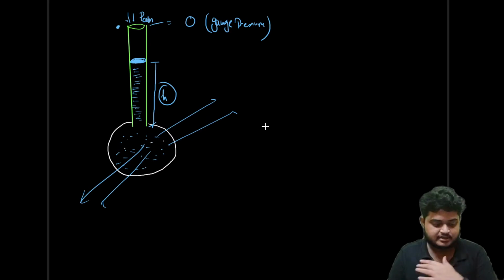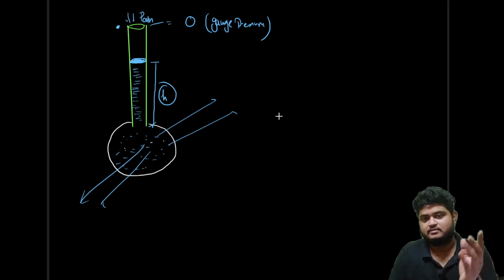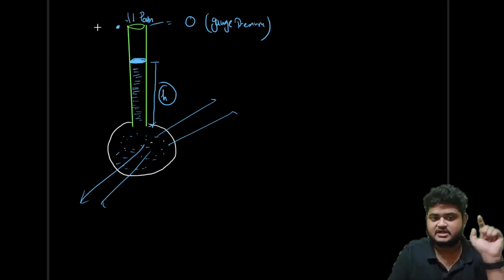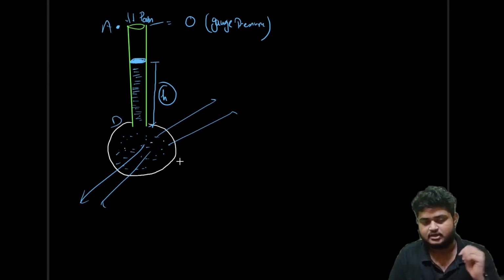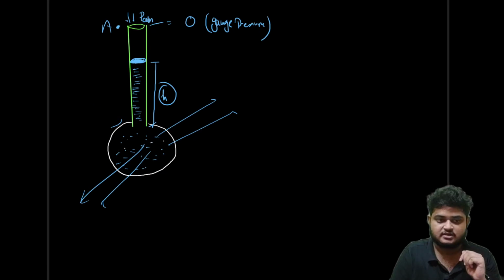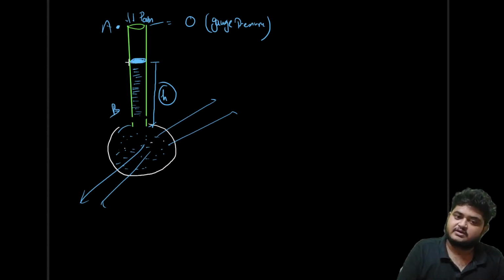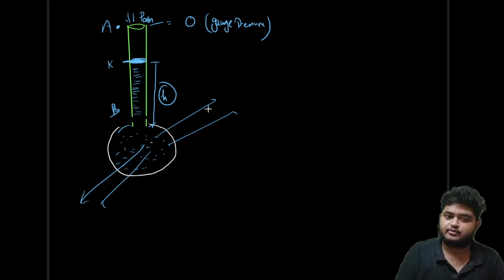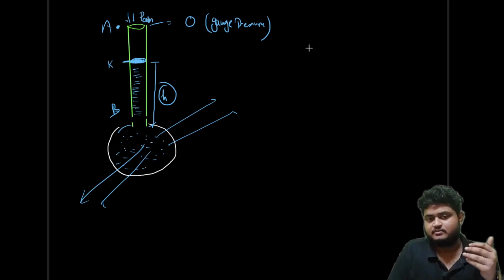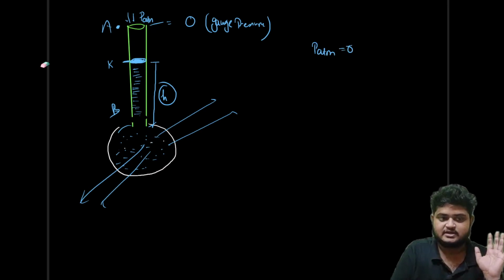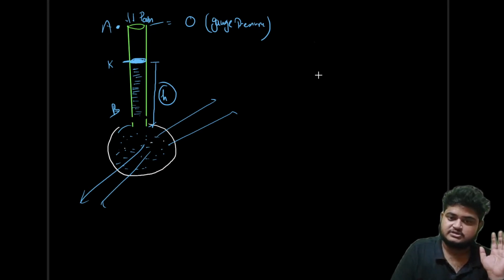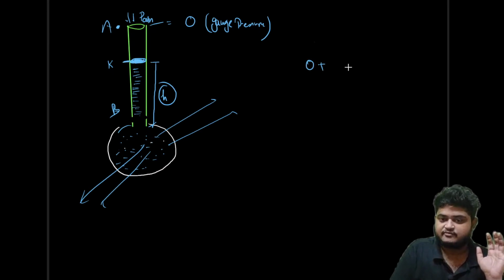In gauge pressure the datum is P atmospheric, so we will take P atmospheric as zero. Let us suppose this point is A and this is B. Let us name this point K. So starting from A, it is P atmospheric, which is obviously 0 for gauge pressure. So 0 plus, what is this, I will again calculate from K to B, right?